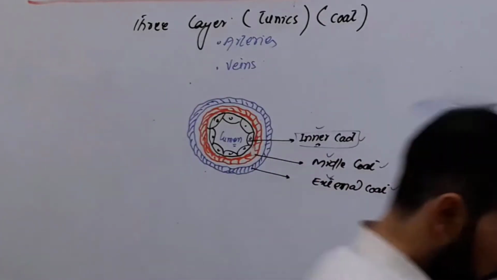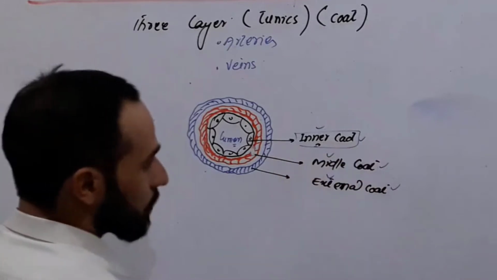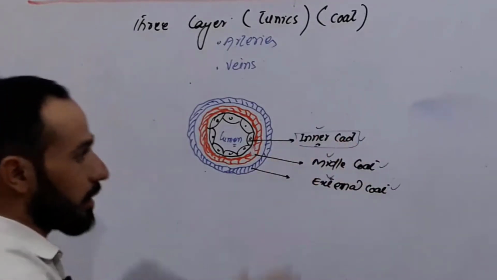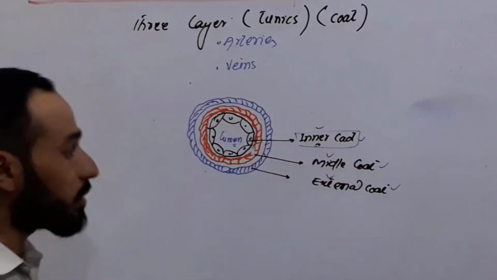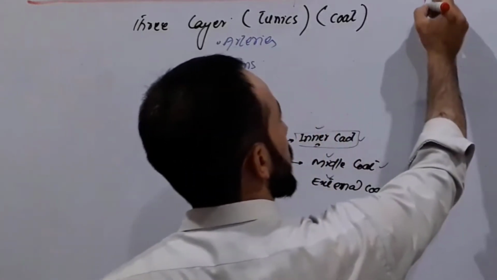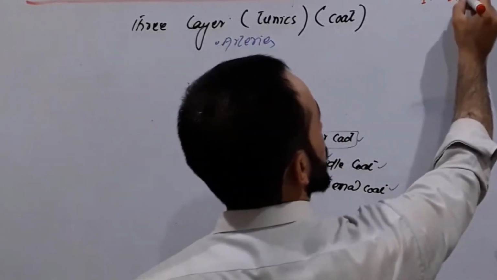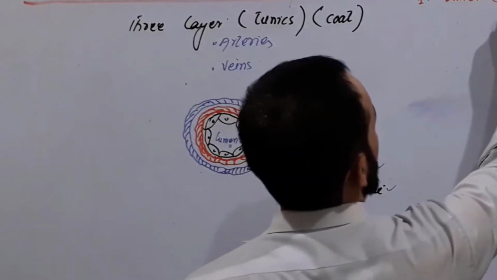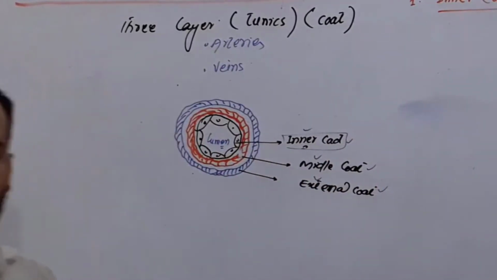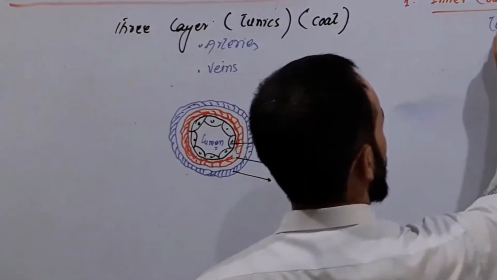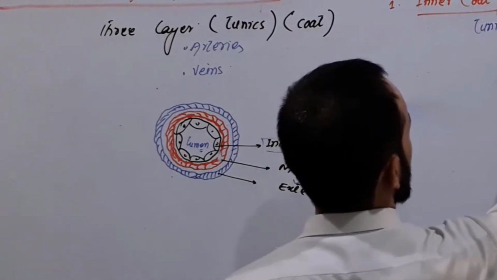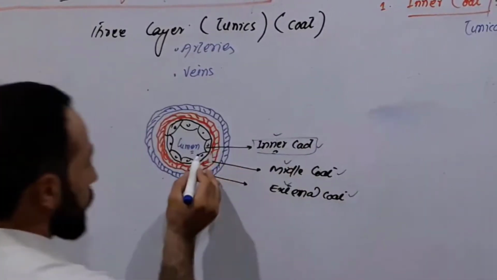Okay friends, now let's move towards the inner coat and see what is present in it, what its composition is, and what the sublayers of this inner coat are.